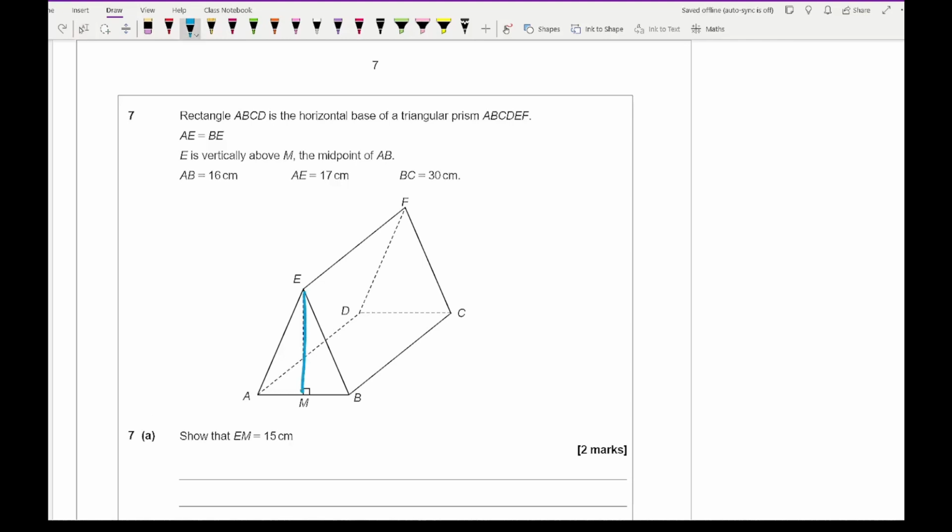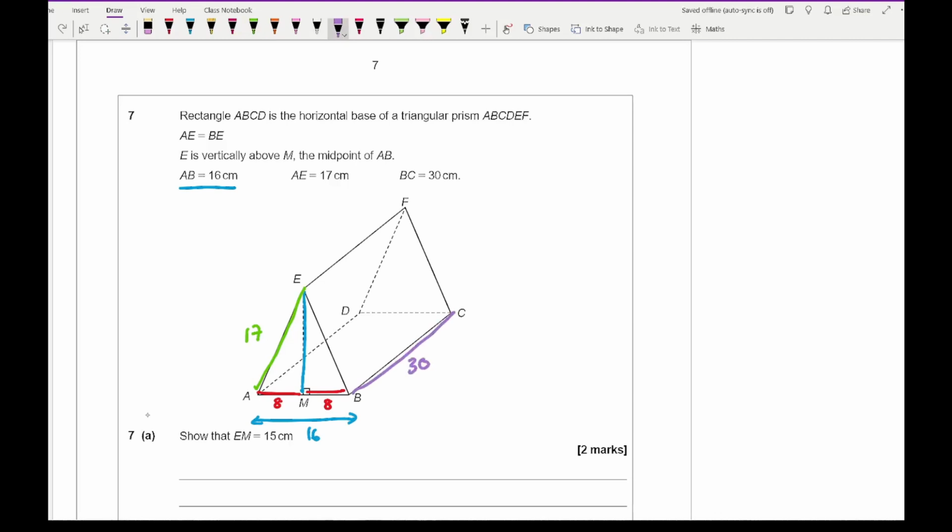Now if I start by filling in the information, A to B is 16, and that means that as M is the midpoint, this here is going to be 8 and this here is going to be 8. A to E is 17 centimeters, and B to C is 30 centimeters.